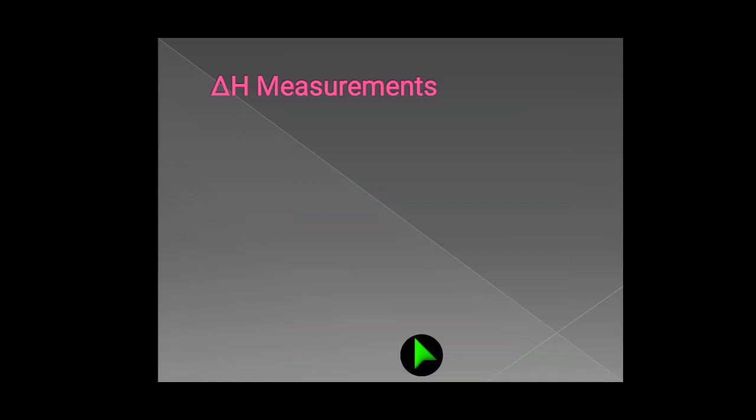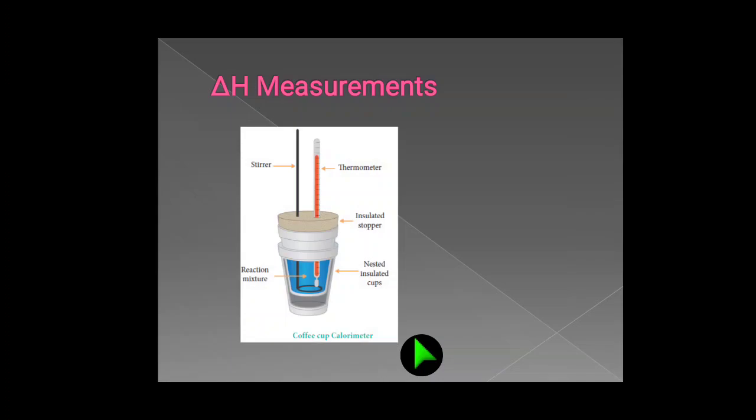So let us discuss del H measurement by using a styrofoam cup. The calorimeter name is the coffee cup calorimeter. Here, the heat change at constant pressure can be measured using a coffee cup calorimeter.